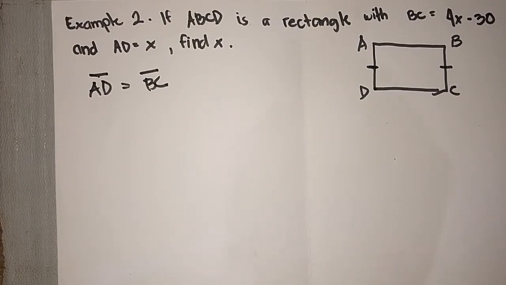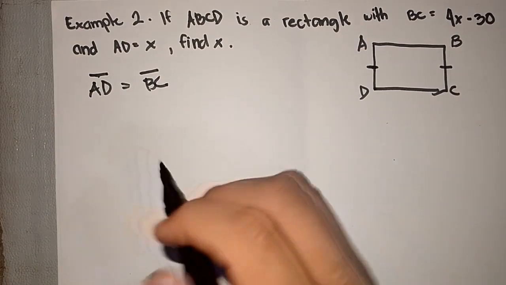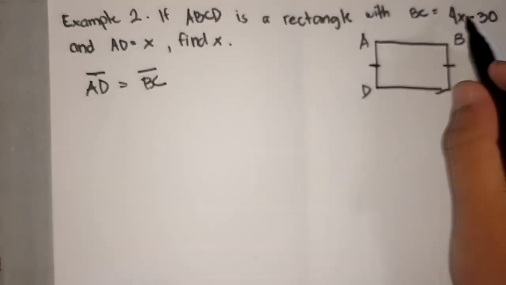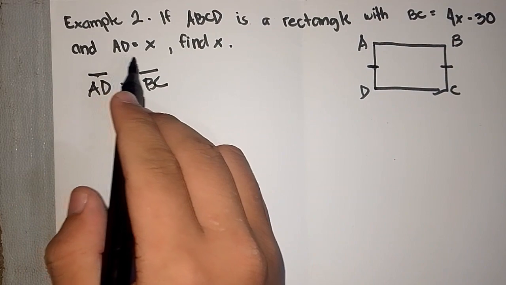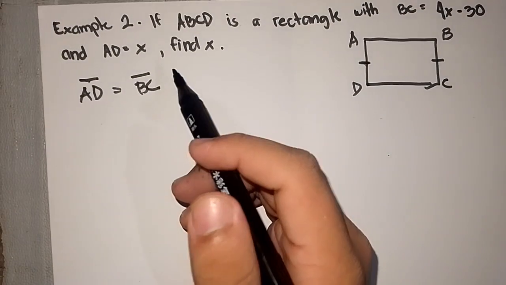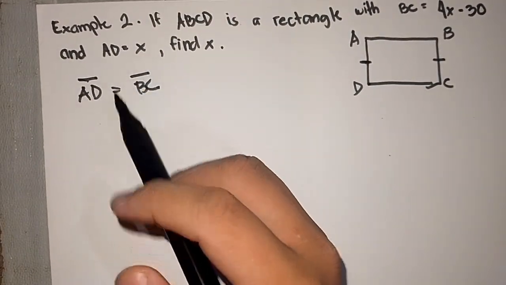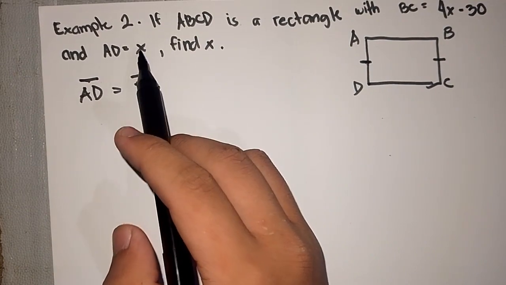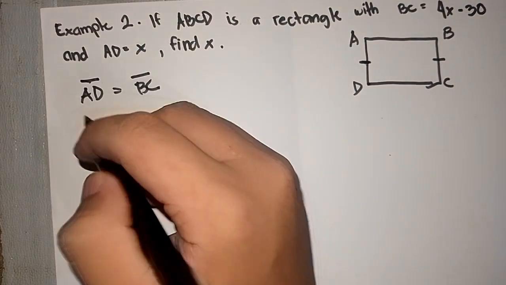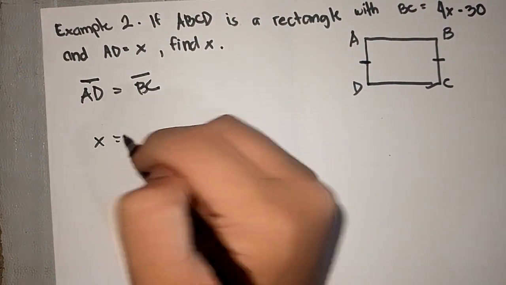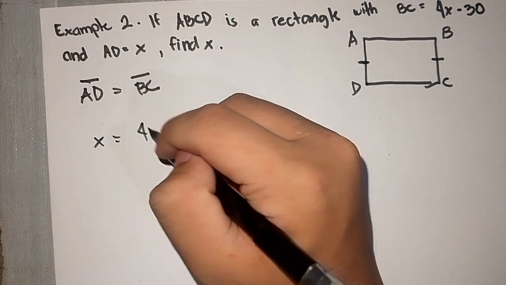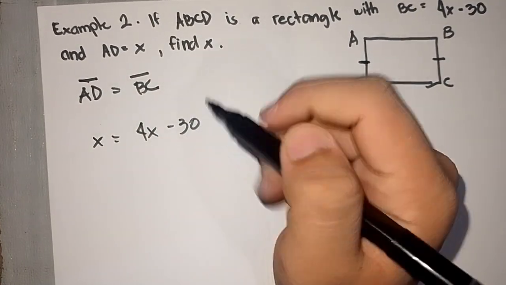Let's substitute: AD is x, and BC is 4x minus 30. So x is equal to 4x minus 30.